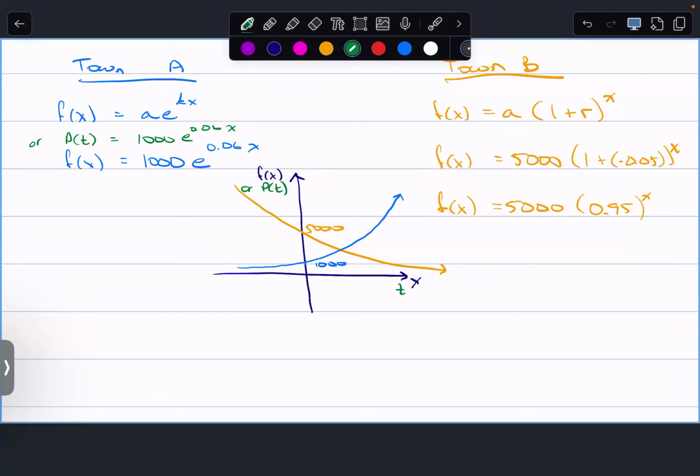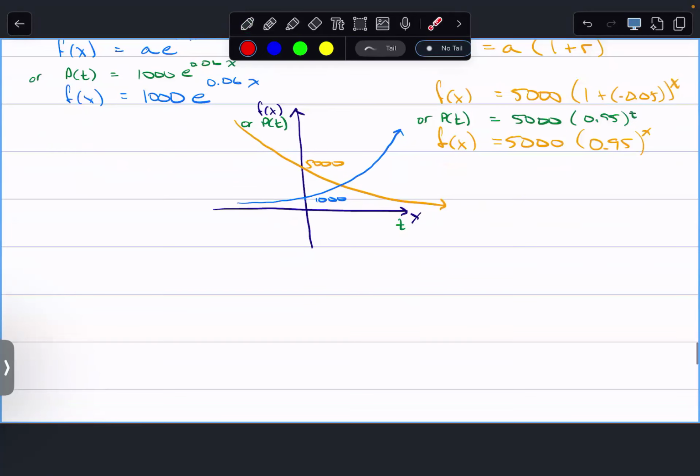Or P of t is 5,000 times 0.95 to the power of t. Either way, we have to set them equal to each other to find the point of intersection. What's nice is I have f of x and I have f of x, so I'm just going to force them to be the same and solve for the value of x that makes that happen.